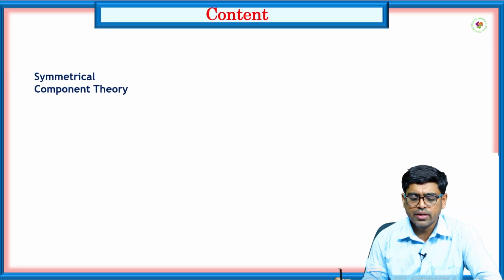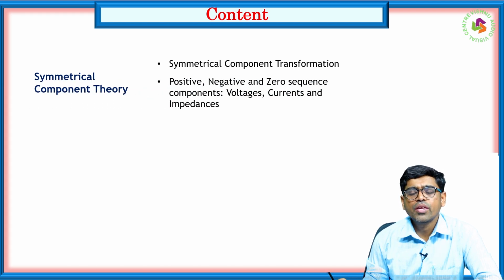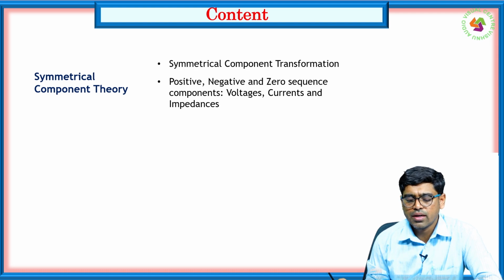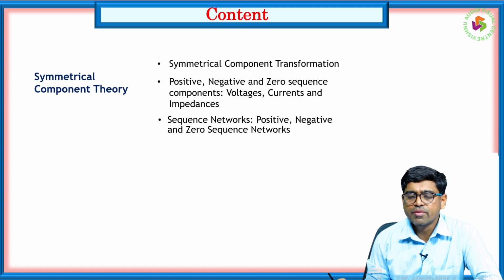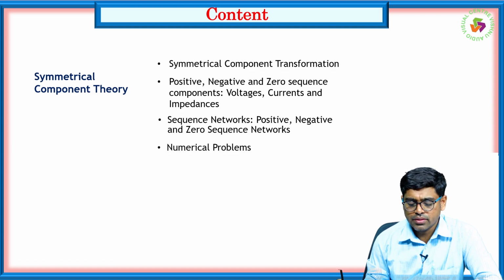So in this content, we can see the symmetrical component theory, and in this particular unit, the symmetrical component transformation. In that, we need to see the positive, negative, and zero sequence components of voltage, current, and impedances, and the sequence networks, like the positive sequence network, negative sequence network, and zero sequence network, and numerical problems on this.